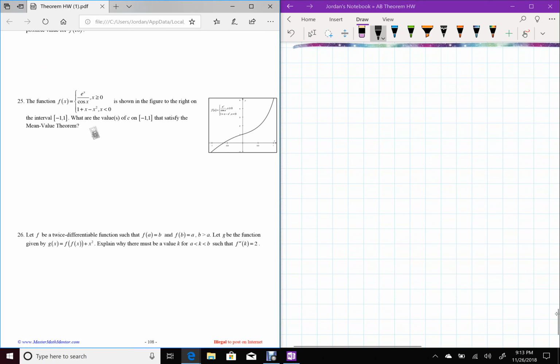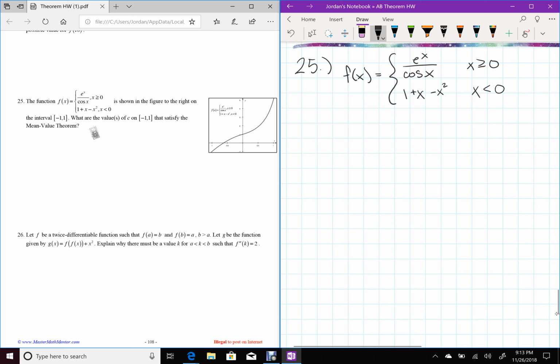So we have on 25 that the f of x is equal to e to the x over cosine x when x is greater than or equal to 0. And we have 1 plus x minus x squared when x is less than 0.